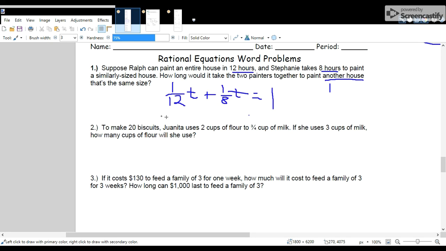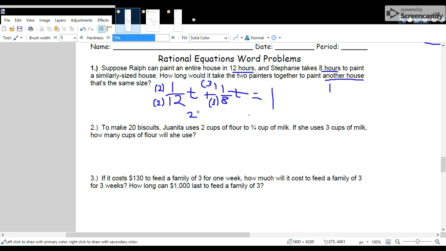You should have 24. So to get 24, you will multiply 12's fraction by 2, and 8's fraction by 3.